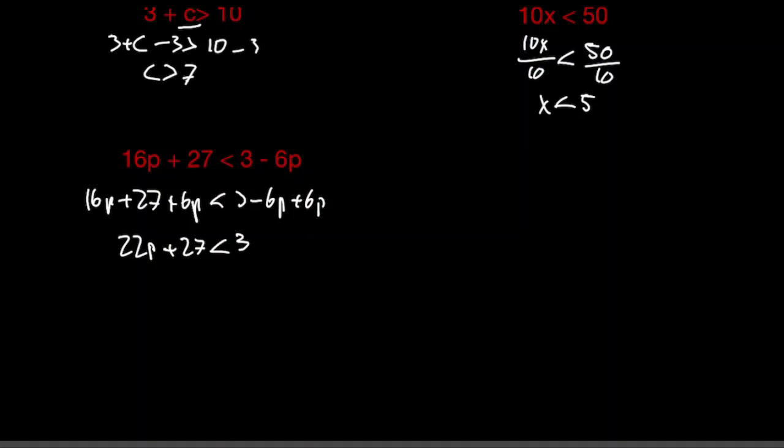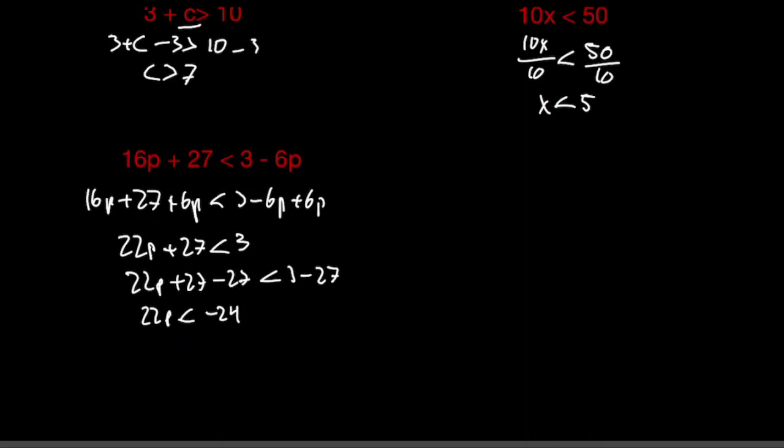Now we have this plus 27, so we're going to subtract 27 from each side. We get 22p plus 27 minus 27 is less than 3 minus 27. Simplifying this, we get 22p is less than negative 24, because 3 minus 27 is equal to negative 24.